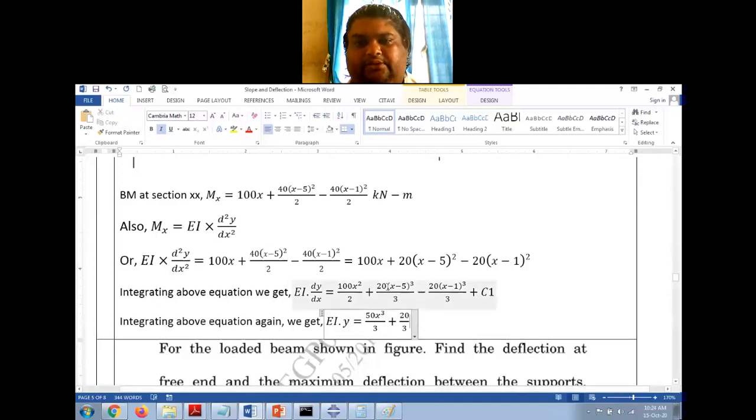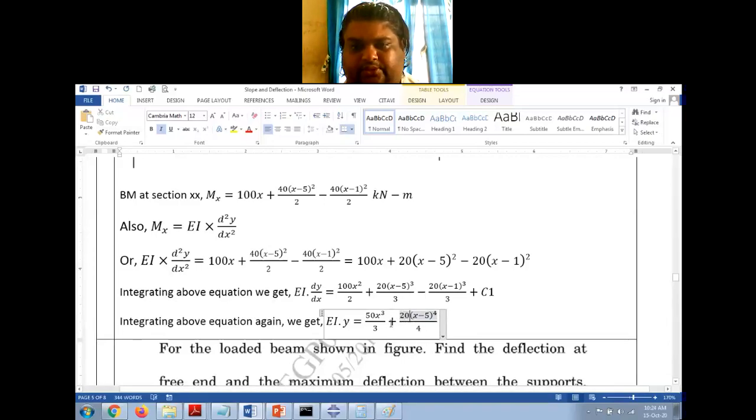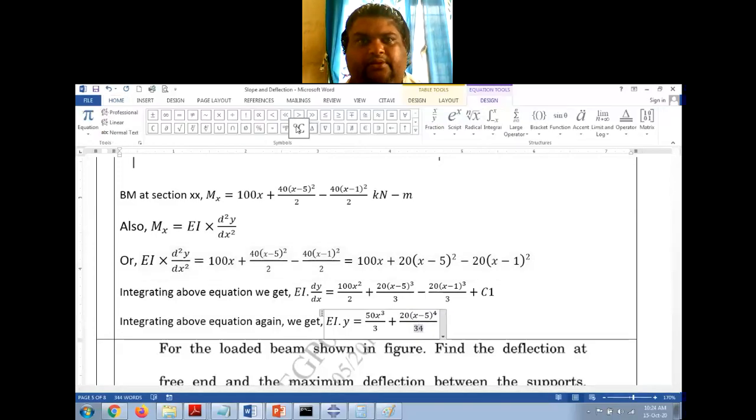I'm just keeping that constant out, and this will be x minus 5 whole cube is there, so it will become raised to 4 by 4, just make it as 20 by 3 into 4, like this. Just copy the same thing.